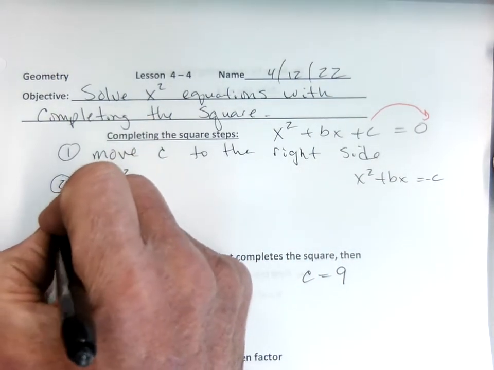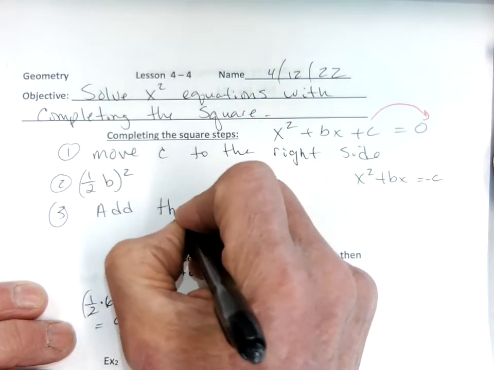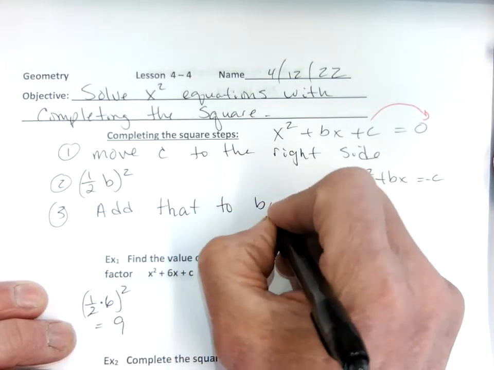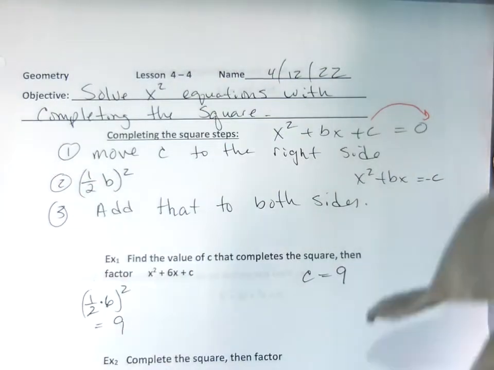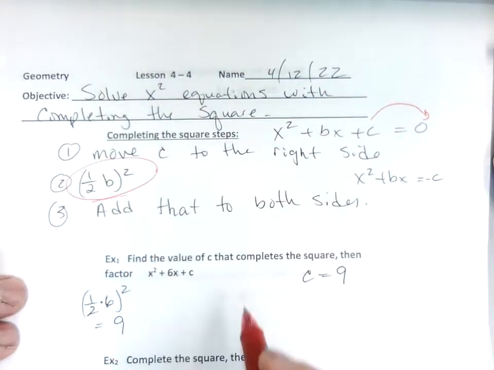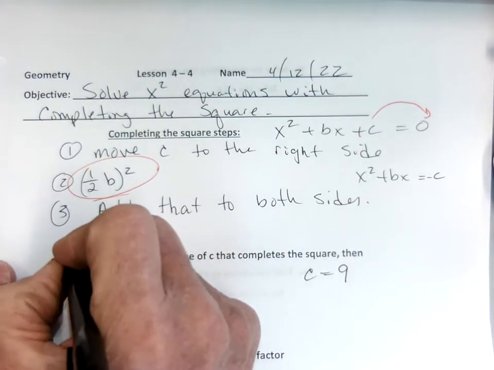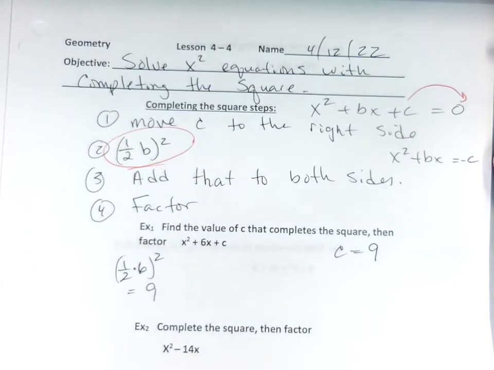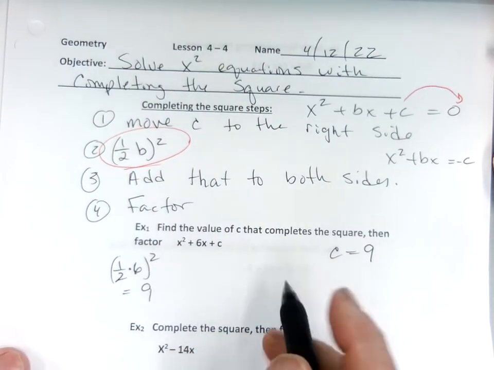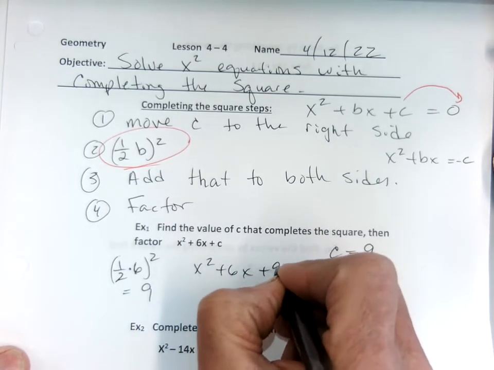Step 3, add that to both sides. So I would take this answer and add that to both sides. Step 4, I would factor. In this example 1, x squared plus 6x plus 9, c is 9.